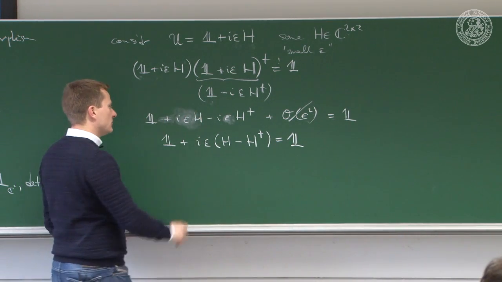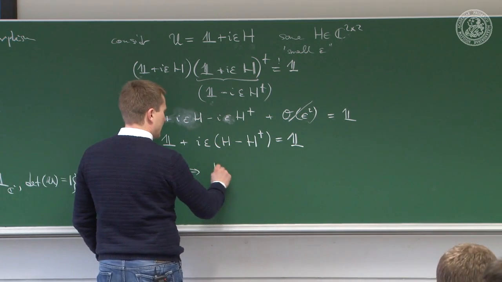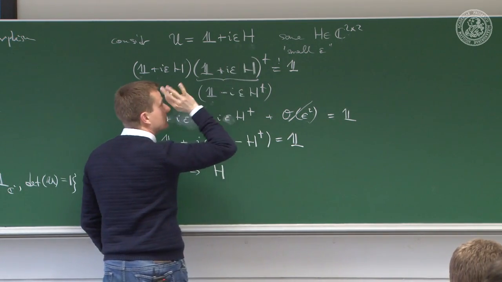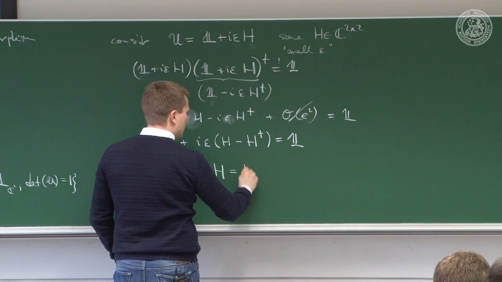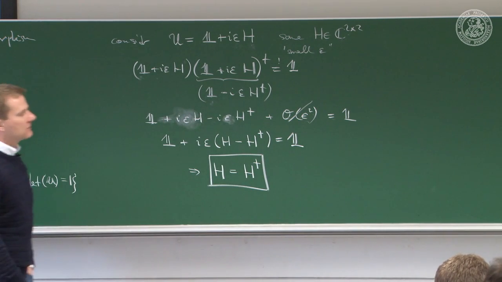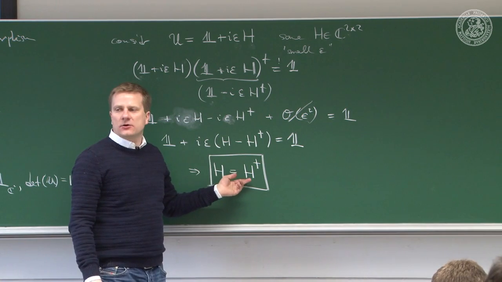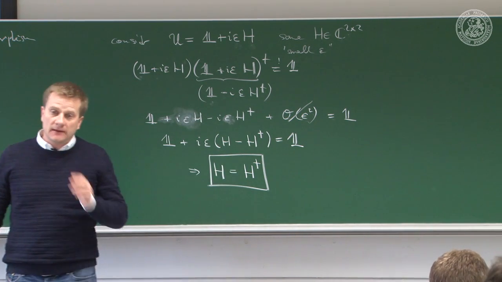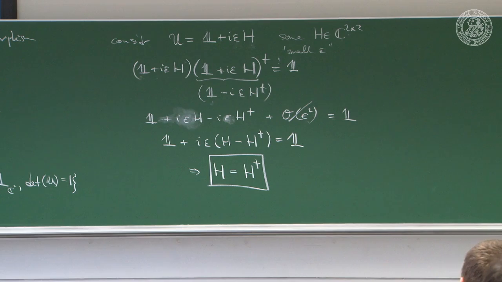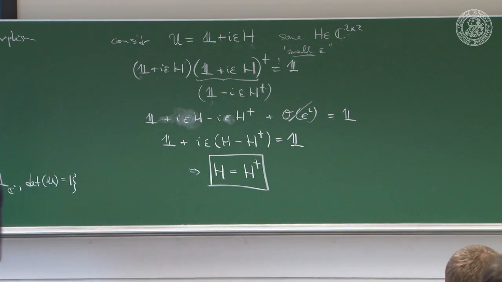In order for this to be true for non-zero epsilon, it implies that this matrix, this kind of tangent vector, needs to be a Hermitian matrix, h equals h dagger. If I hadn't put the i here, it would be an anti-Hermitian matrix. That's as good. Epsilon is in R, otherwise it couldn't be small. Well, it could have small absolute value, but it couldn't be small all by itself.